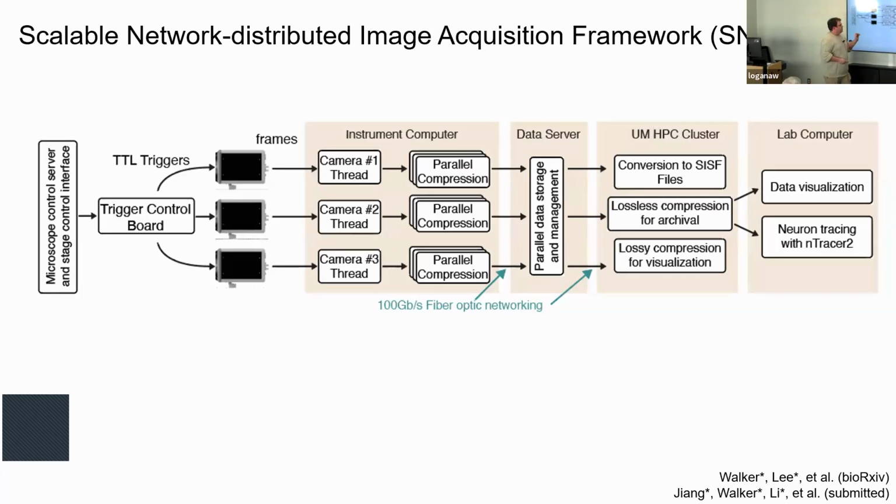It then gets pushed out to a separate controller application that's running on a server inside of our building's data closet, so that we have a fiber optic link going between there and our lab. So the images get collected, they get compressed down, they get shoved out into the network to this storage server. From there, they get cached and then eventually pushed to Great Lakes, where on Great Lakes, we do all of the post-processing tasks that have to be done.